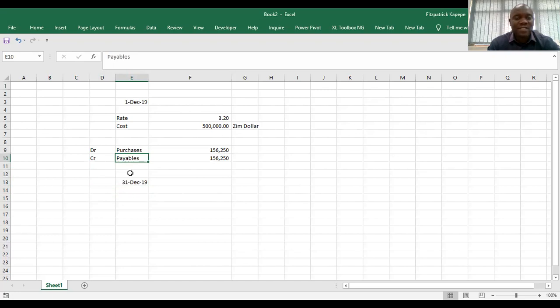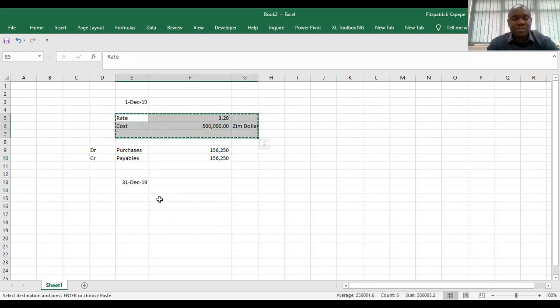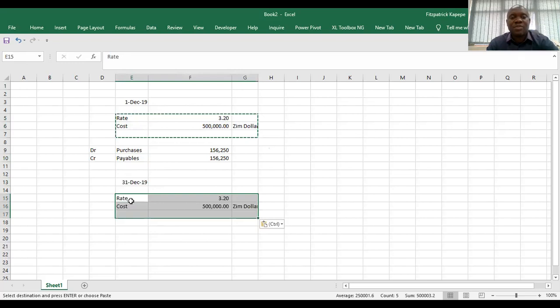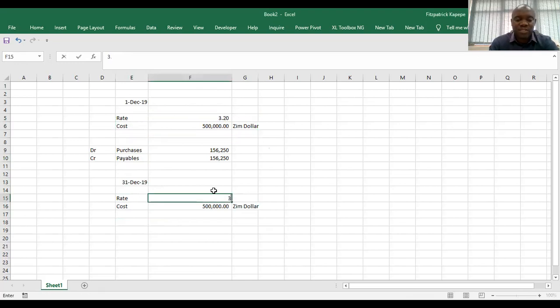But first, we'll have to do this. Same thing, copy. We need to know the exchange rate. The exchange rate on 31st December was 3.5, so put 3.5.